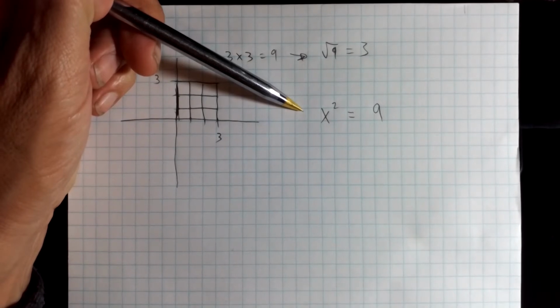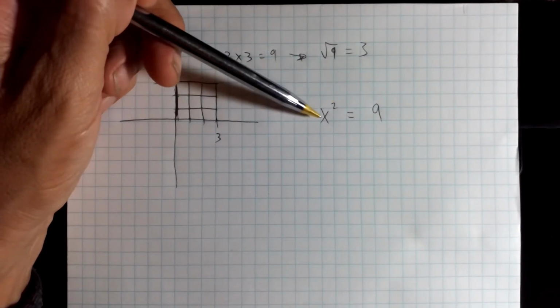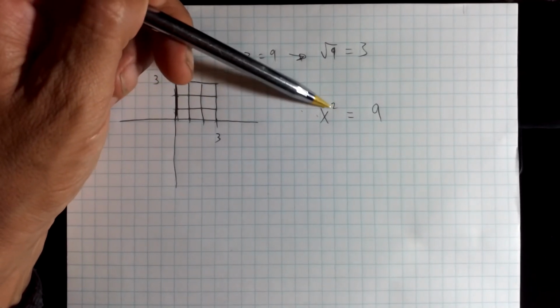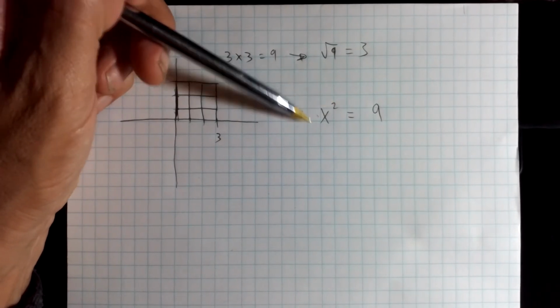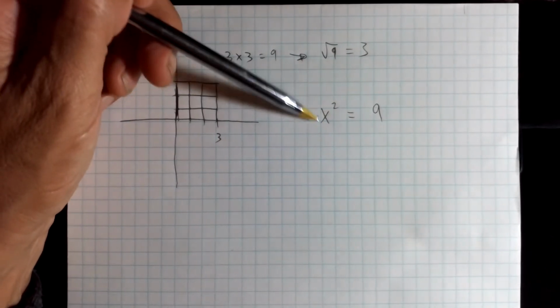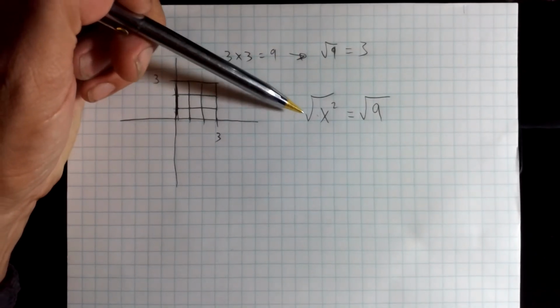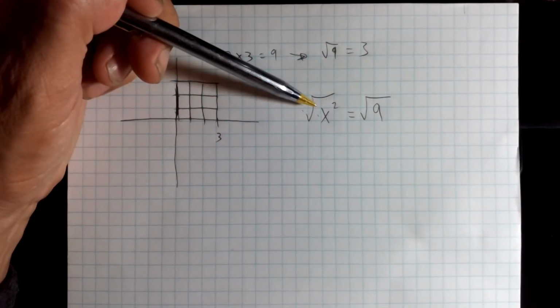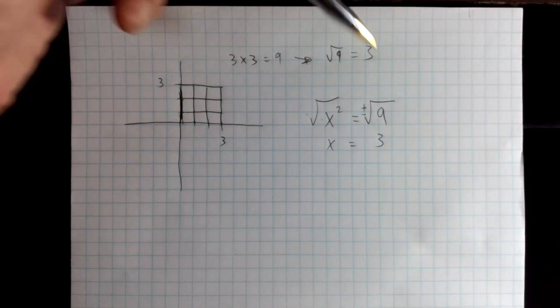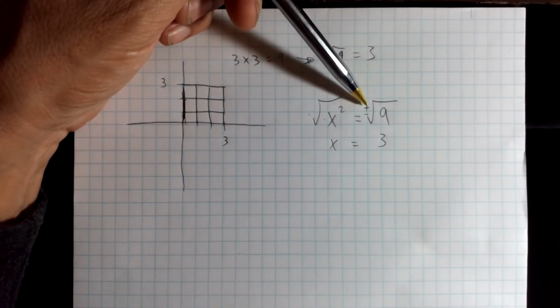Now, if you are ever given a problem where the variable you want is squared, you have to take the square root of it in order to get the variable by itself. So in this case, I'd have to take the square root of both sides of these. Now when you actually do that, you end up having two answers.